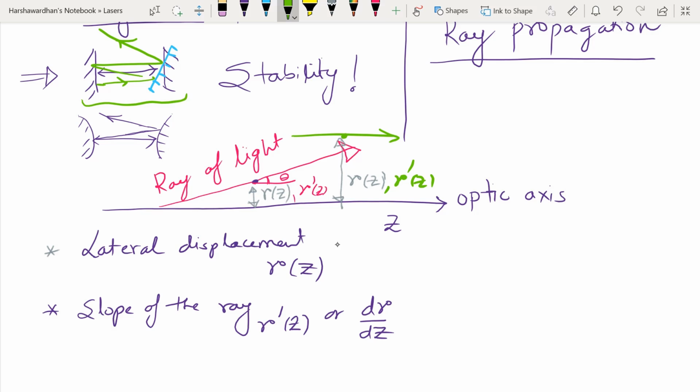Now, what I'm making here is a very important approximation called the paraxial approximation.